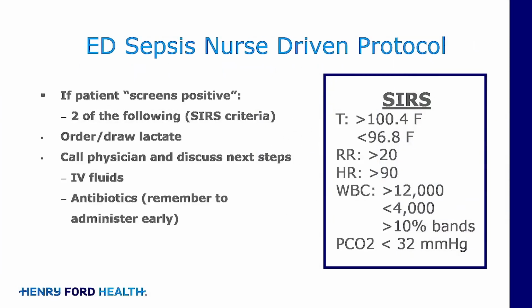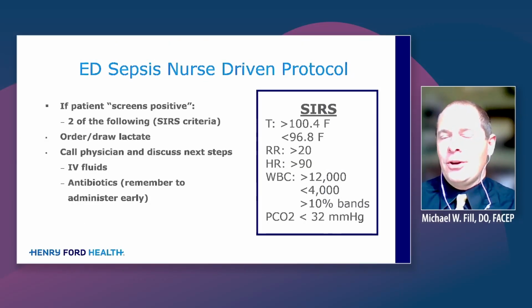Now, pending the value of that lactate, if it's greater than 2, they call the physician assigned to that patient and have a huddle like Dr. Prescott was talking about. Ideally, this occurs at the bedside, but sometimes we all know that's not possible if people are busy. So it's at least a phone call. And the 3 things that we discuss are the IV fluids, the antibiotics, and the next steps for the patient.